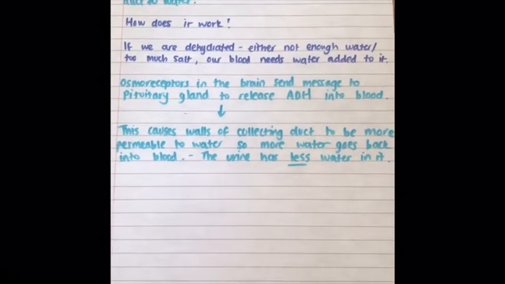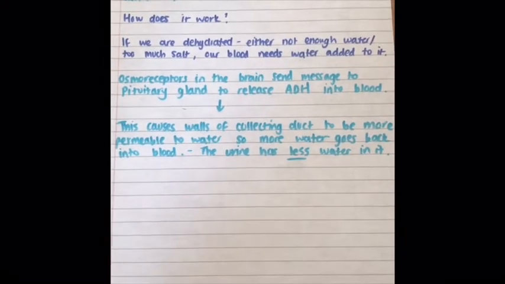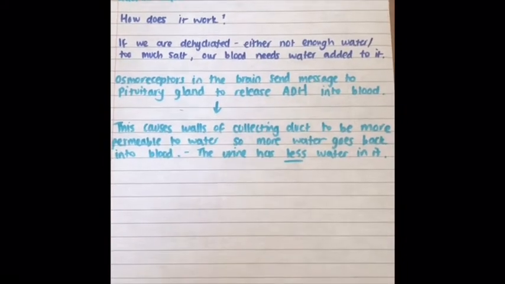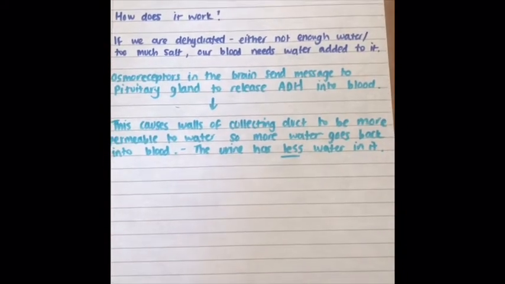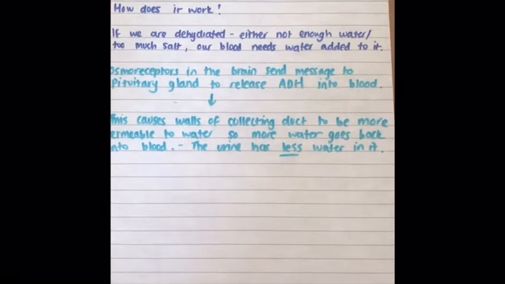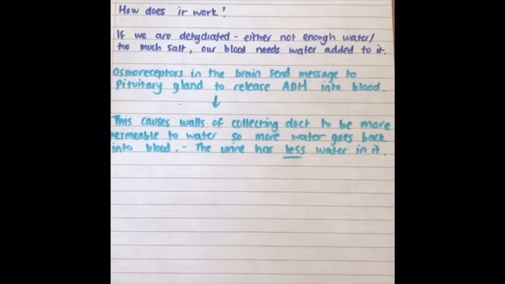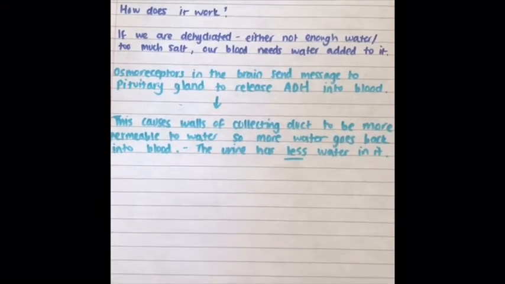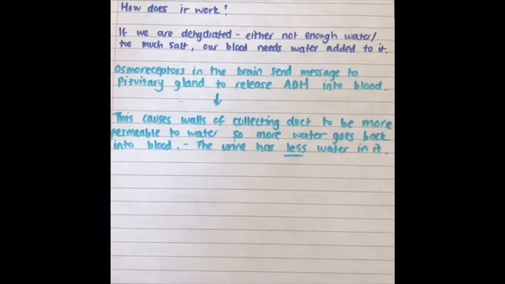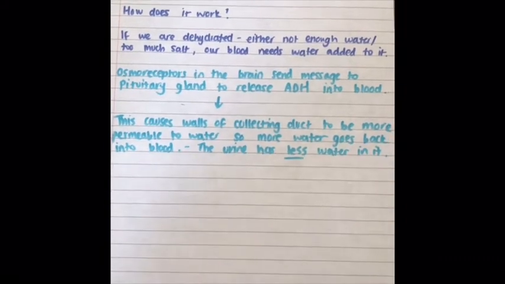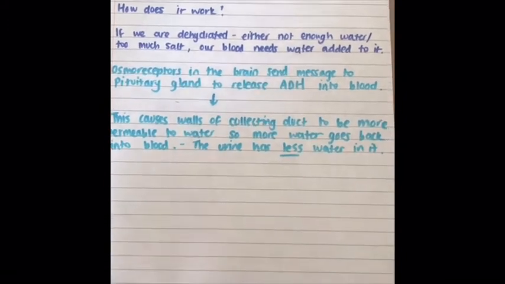This causes the collecting duct to be more permeable to water, meaning that less water is going to be in our urine and more water is reabsorbed into our blood to make sure that the concentration of our blood is correct. The urine, as a result, has less water in it and will be more concentrated.